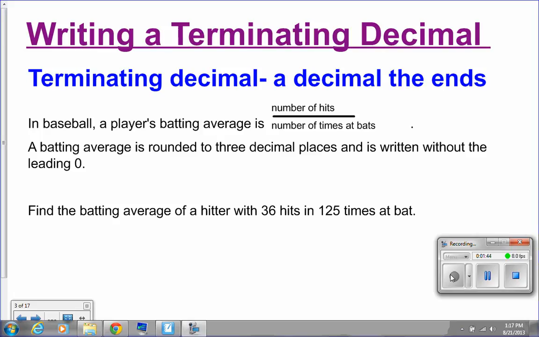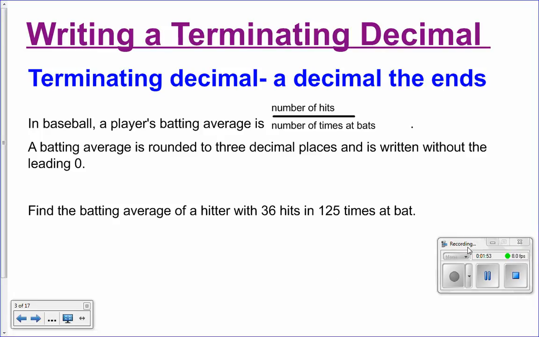So a terminating decimal. A terminating decimal is a decimal that ends, and we're going to learn how to write a terminating decimal. So, this example says in baseball, players' batting average is the number of hits over the number of times at bat. This fraction bar means division. So that's the operation that we're going to be using when we write a terminating decimal.